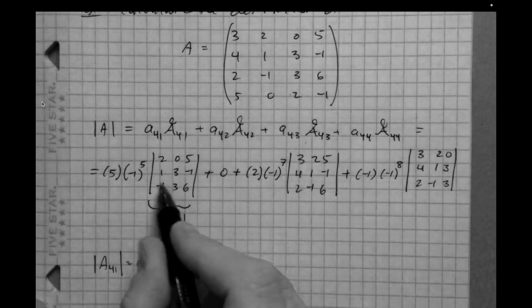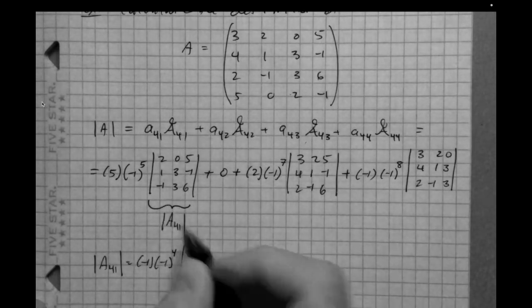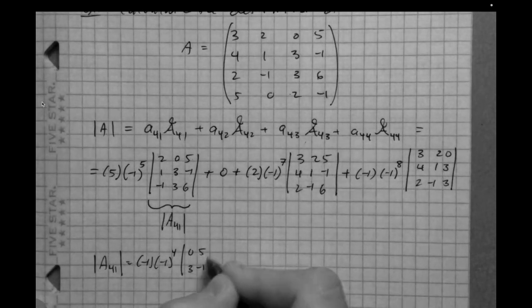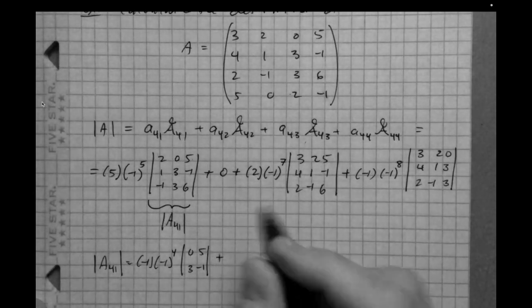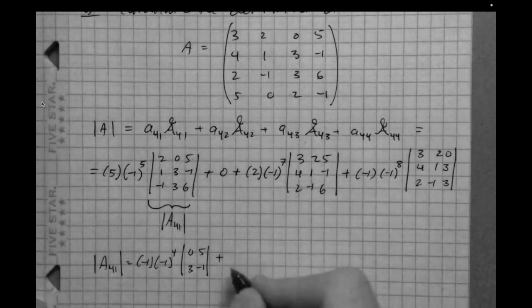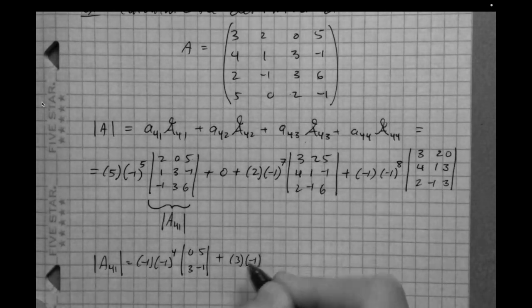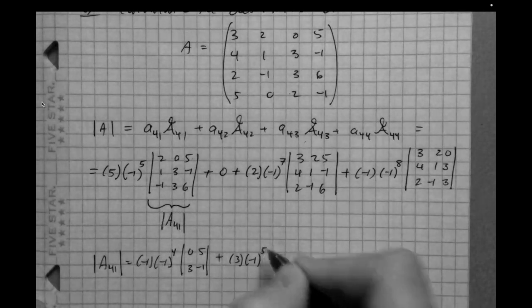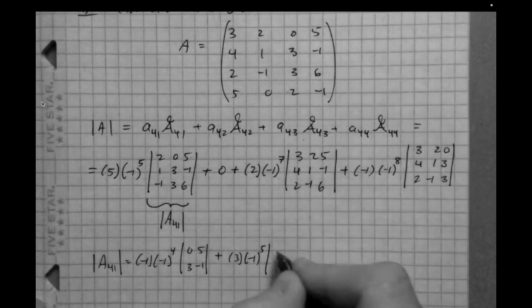It'd be negative 1 times negative 1 to the 3 plus 1 power, and then the matrix is 0, 5, 3, negative 1. And then plus 3 times negative 1 to the 3 plus 2 power, so the 5th power, times the submatrix 2, 1, 5, negative 1.